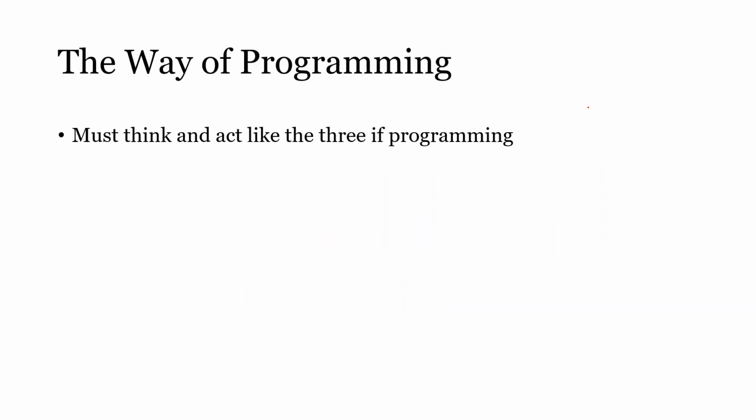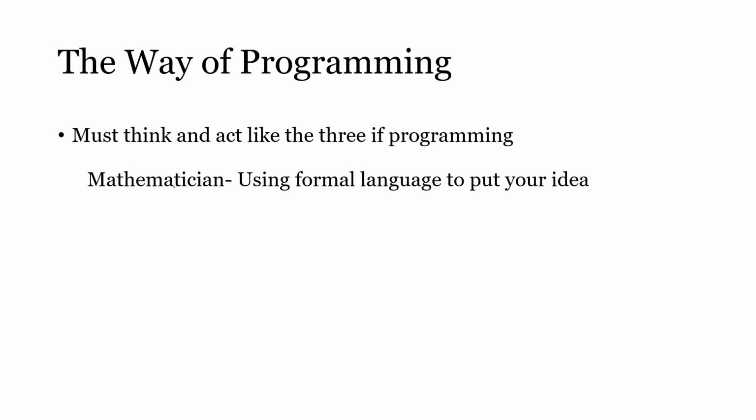Now we'll jump to the way of programming. When you start programming, you must keep in mind that you have to be one of three persons at one point of time. Either you will be acting or thinking like a mathematician. What does that mean? Whenever you are programming, you are dealing in formal language, and you need to be very specific with your symbols and their meanings.